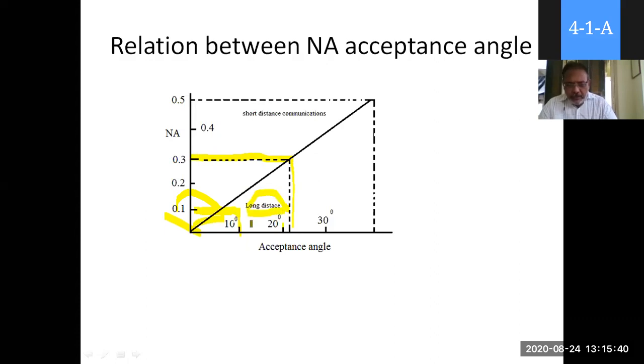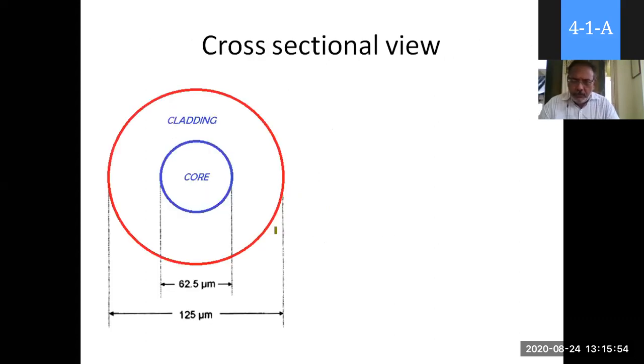A lesser numerical aperture angle means nearer to the axial rays propagation. In the previous class, we gave a small introduction regarding axial rays, meridional rays, and skew rays.